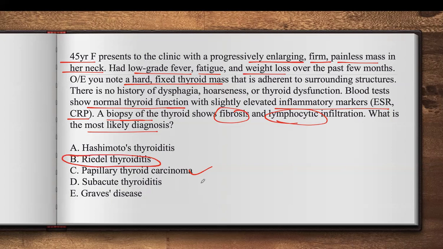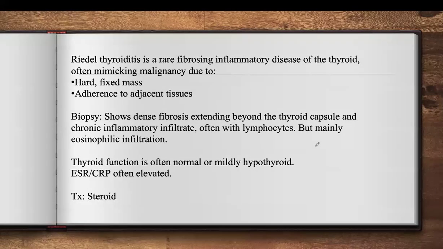Now we are going to show you how we came to Riedel's thyroiditis from this question and how we are ruling out all the possible options as well. All right, so let's talk about it. Riedel's thyroiditis is a very rare fibrosing inflammatory disease of the thyroid.